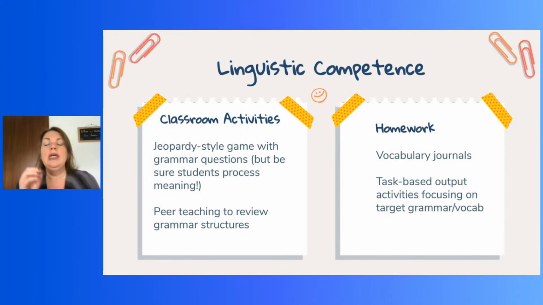In other words, is it necessary that my students understand the English that is in this activity? If the answer to that question is no, don't do the activity. Why? Because you are not helping them to acquire the language.